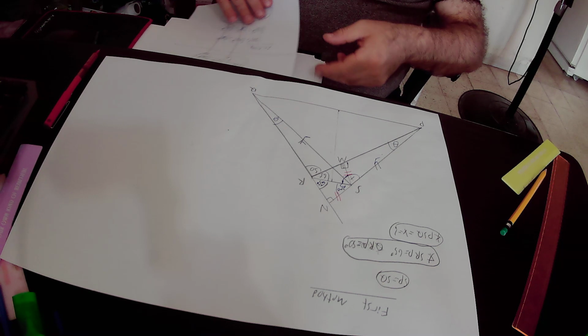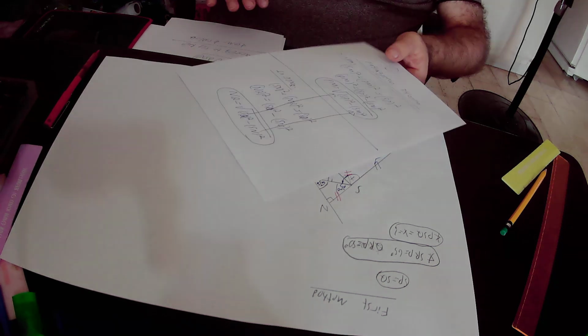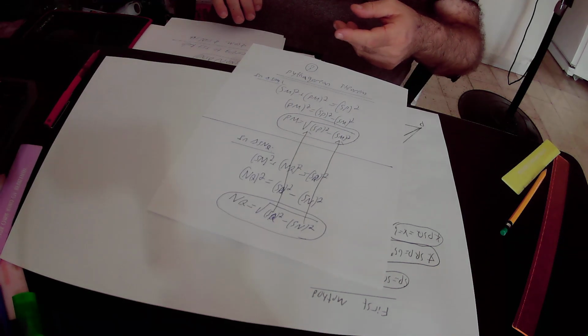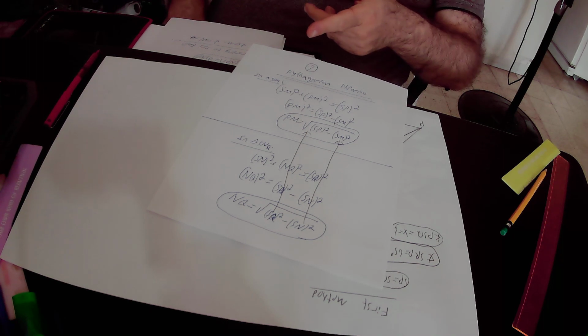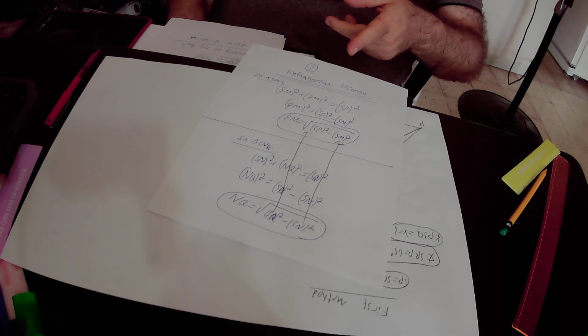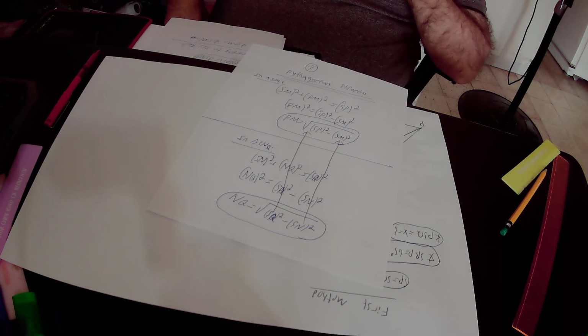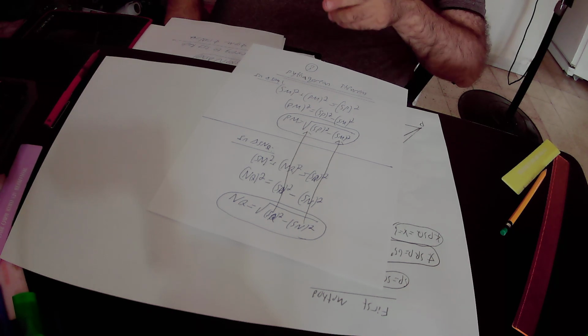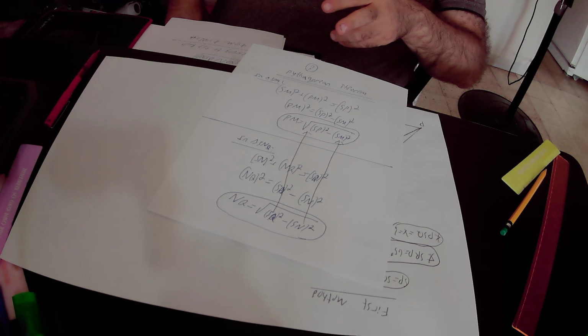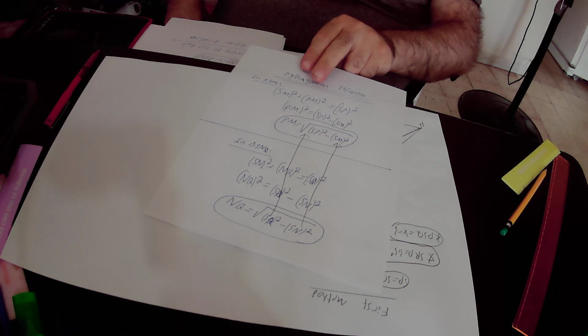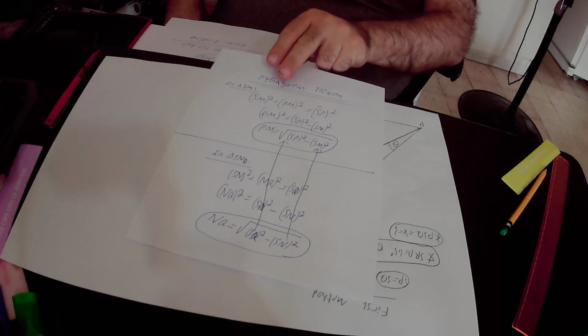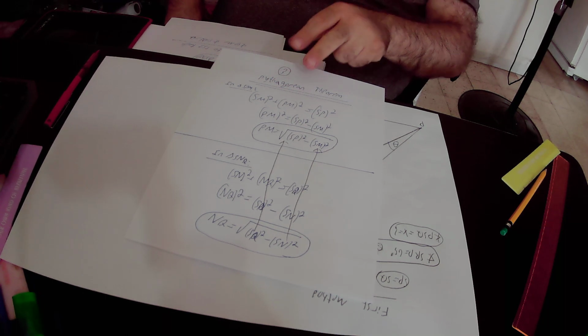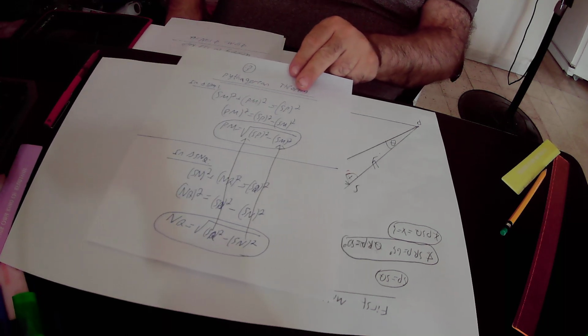Because according to the Pythagoras theorem, we know that triangle SMP is a right triangle. Therefore the square of the hypotenuse equals the sum of the squares of the perpendicular sides. That is to say, SM square plus PM square equals SP square.